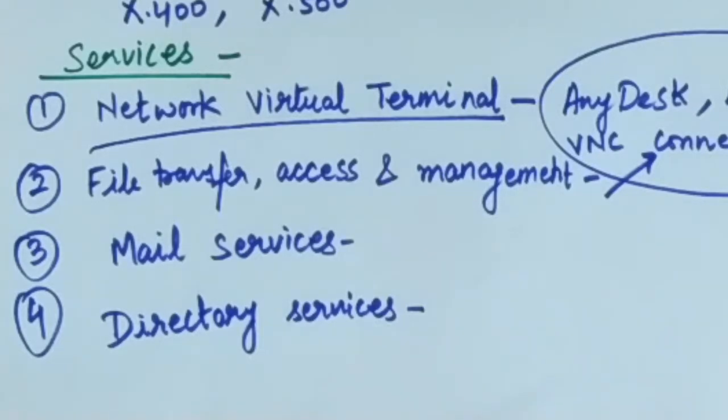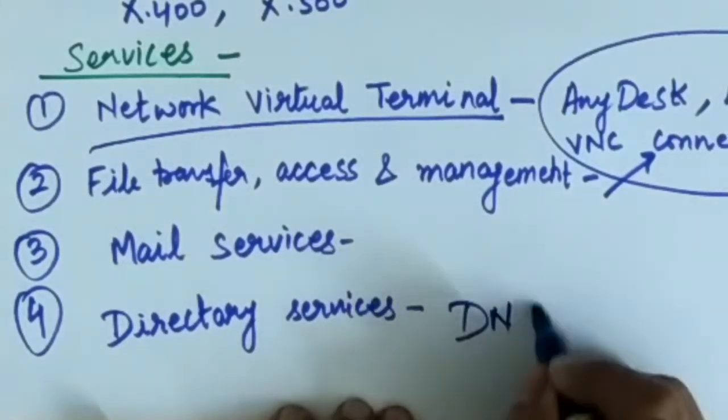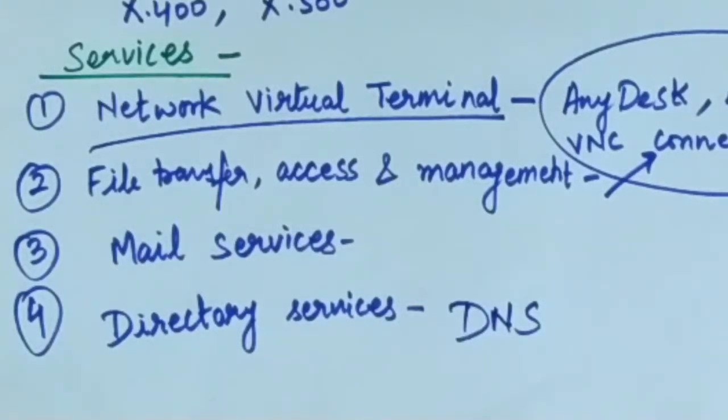There are various network resources, and the network addresses are mapped with the help of the directory services. The example is DNS, that is domain name system, provided by the domain name server. It is a very wide topic. I will cover it in another video.